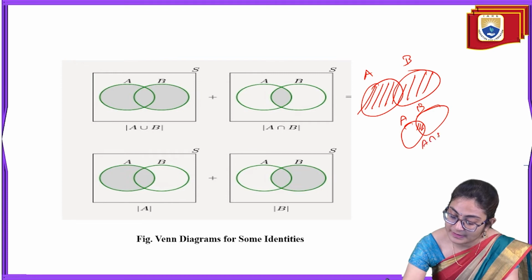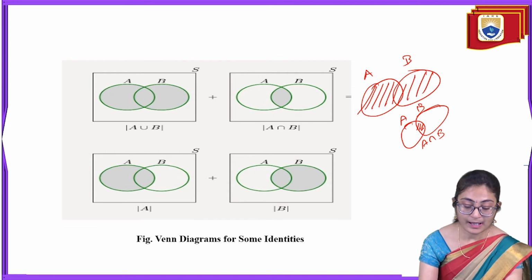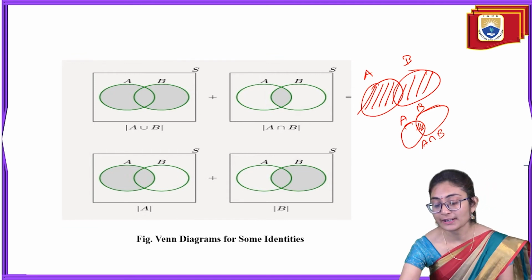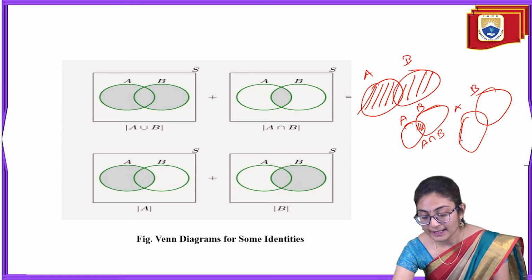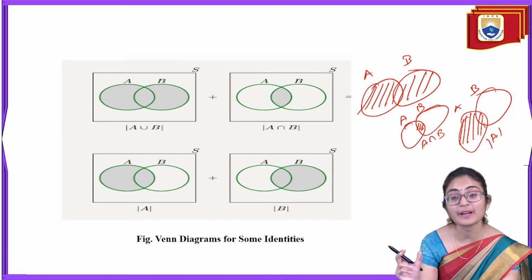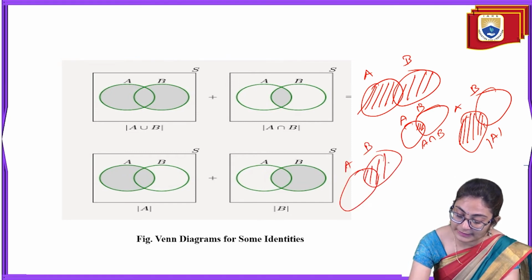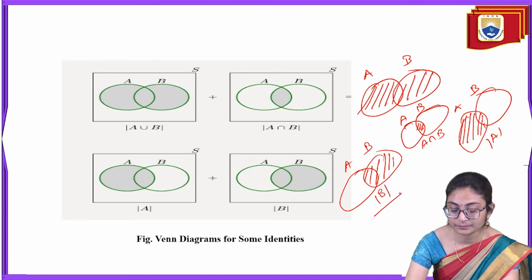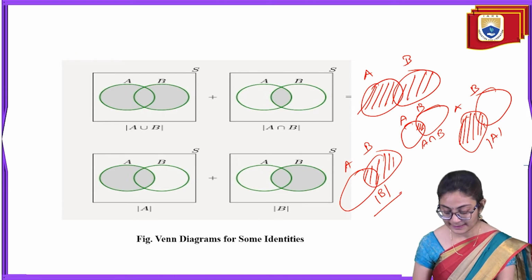A intersection B means it will contain the common portion between A and B. Magnitude of A means it will contain only the A set. This is your magnitude of A. And if I want only magnitude of B, then definitely this is your magnitude of B. These all are the diagrams of some identities, and we found them using Venn diagrams.